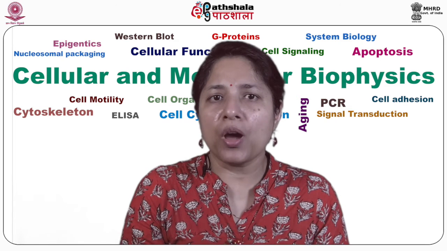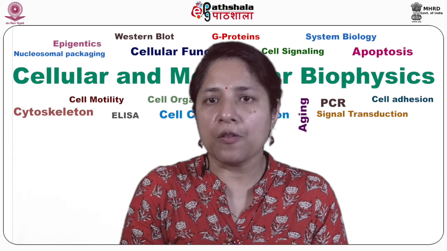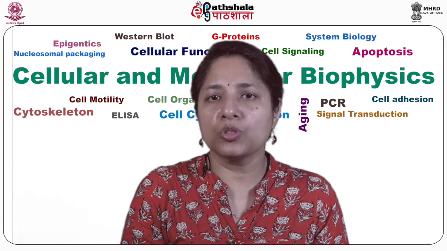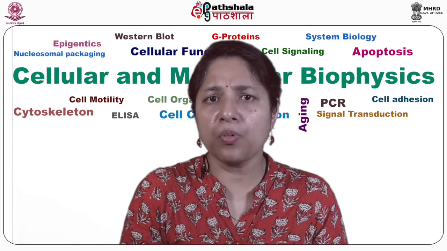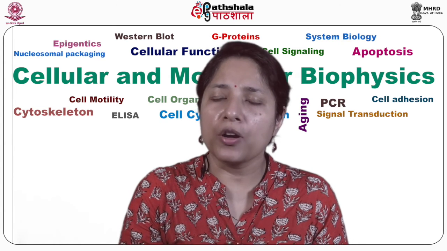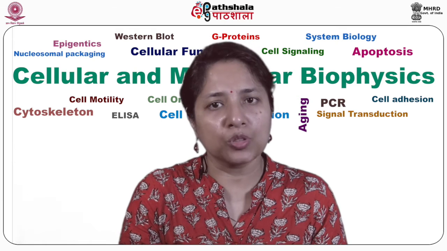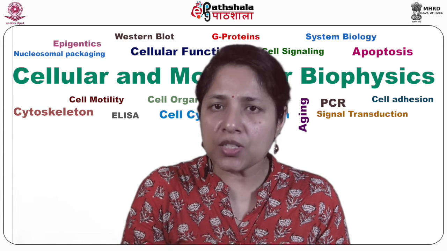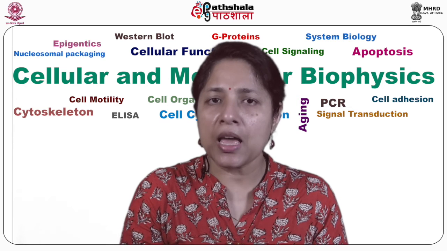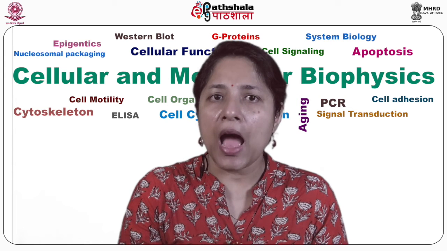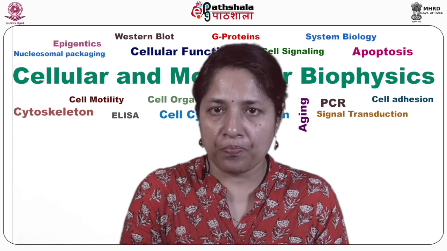The spindle checkpoint arrests the cell cycle at M phase until all the chromosomes are aligned on the spindle. This checkpoint is very important for equal distribution of chromosomes. The morphogenesis checkpoint detects abnormality in the cytoskeleton and arrests the cell cycle at G2M transition.